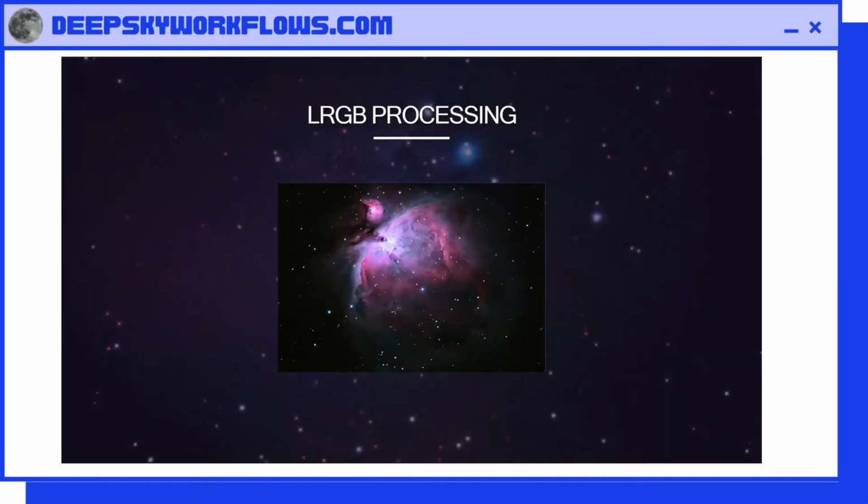One concept you might hear about is LRGB processing or multi-channel processing. A lot of times images come in and they're in separate what we call channels, and a channel is just a frequency range of light.